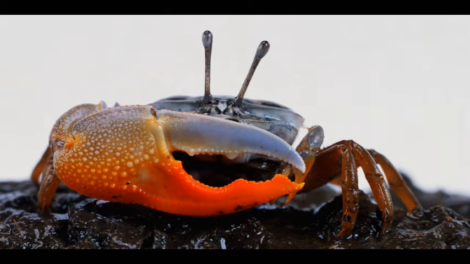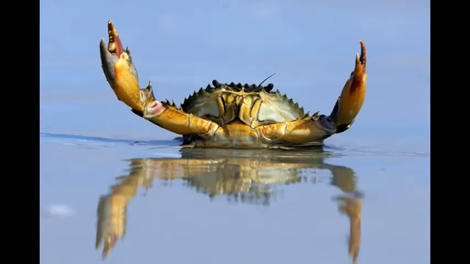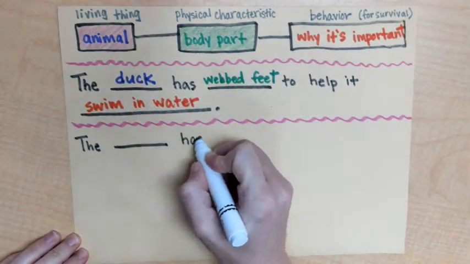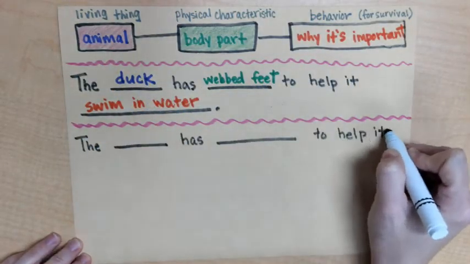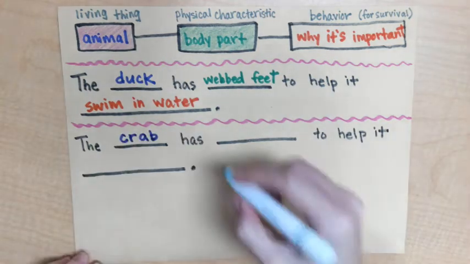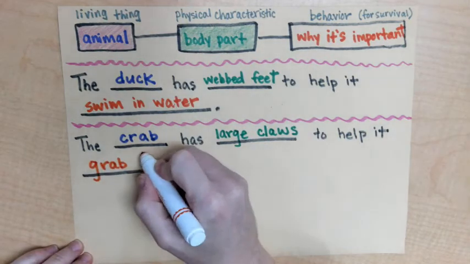And those claws help either protect that animal, maybe if it gets in a fight or if it's trying to have a predator stay away from it. But a crab can also use those claws to pick up stuff and grab its food like we do with our hands. So our sentence reads, the crab has large claws to help it grab food.